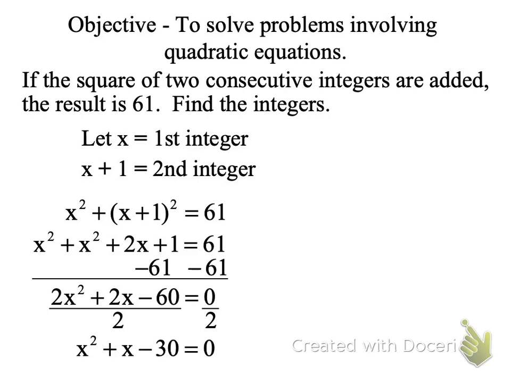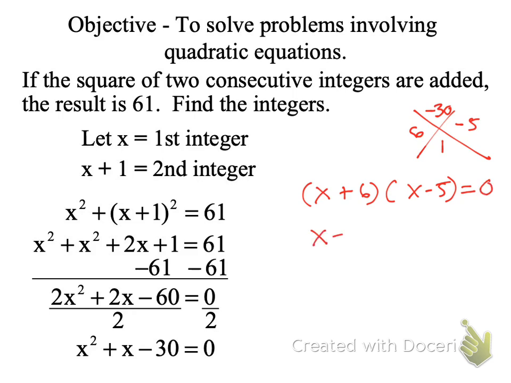And now we're going to do our x marks the spot. What multiplies to negative 30 and adds to 1? Good. And so we get x plus 6 times x minus 5 equals 0. X is equal to what?